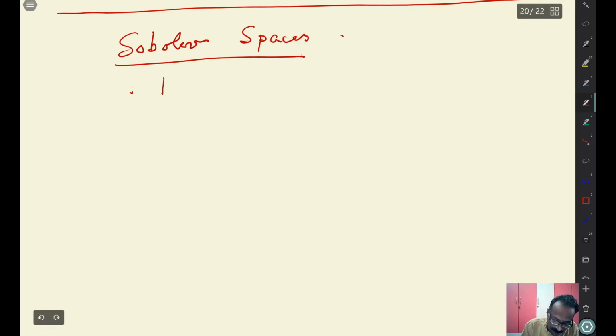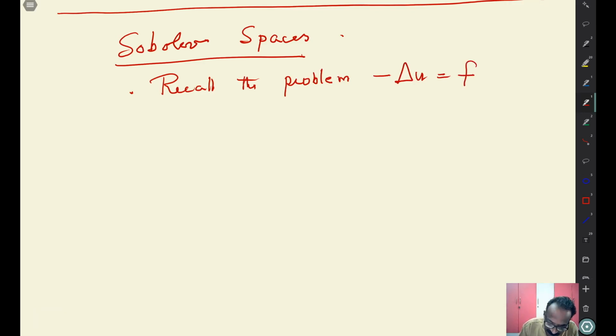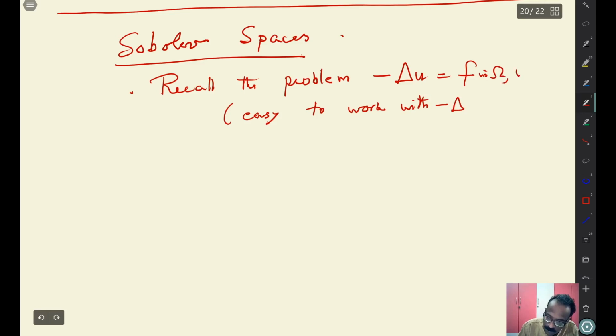So recall the problem: minus Laplacian of u equals f in omega, u equal to 0 on the boundary of omega. Maybe it is a little easier to work with minus Laplacian of u plus u equals f in omega.